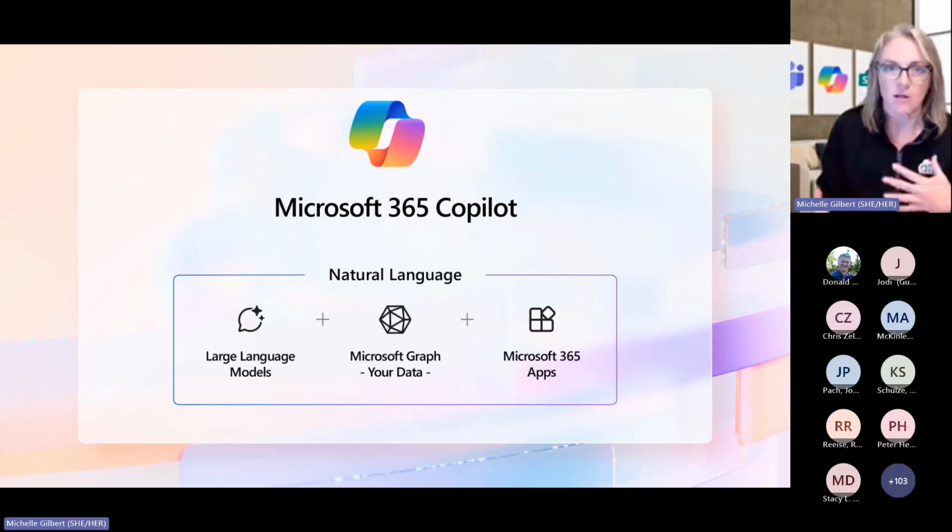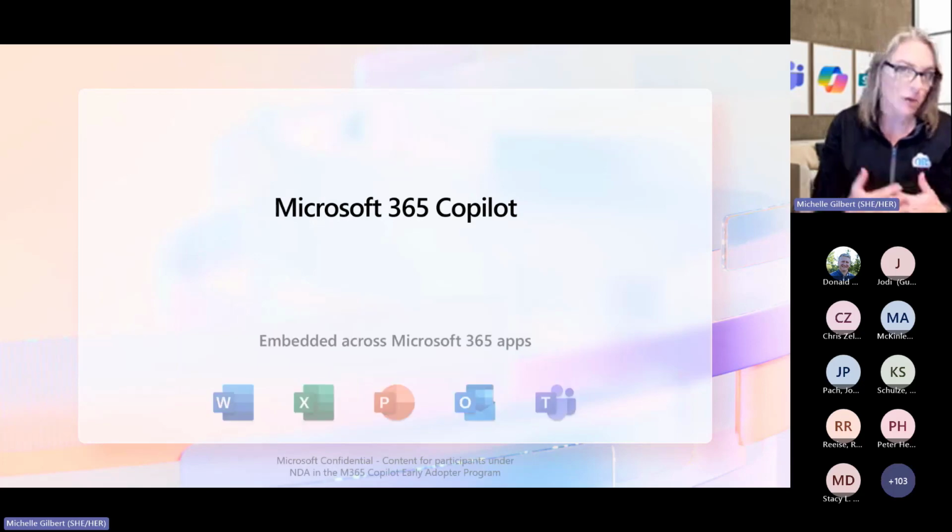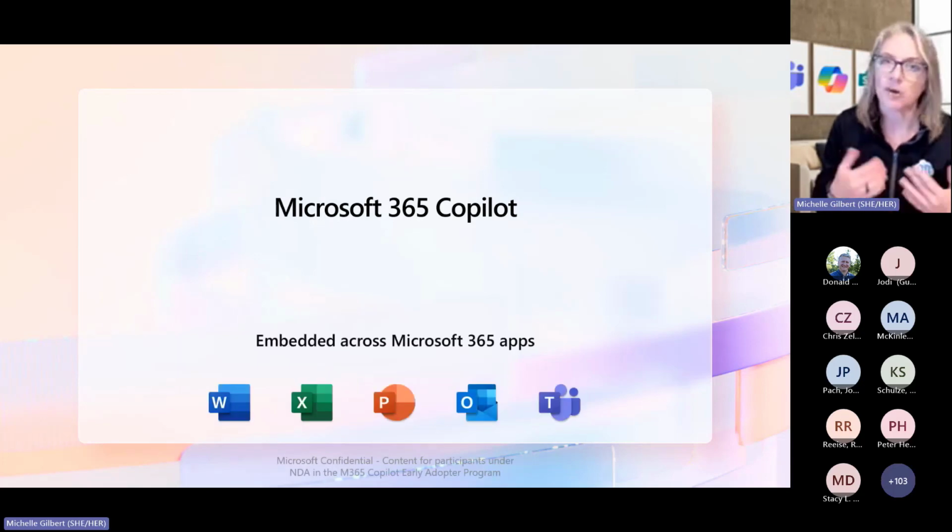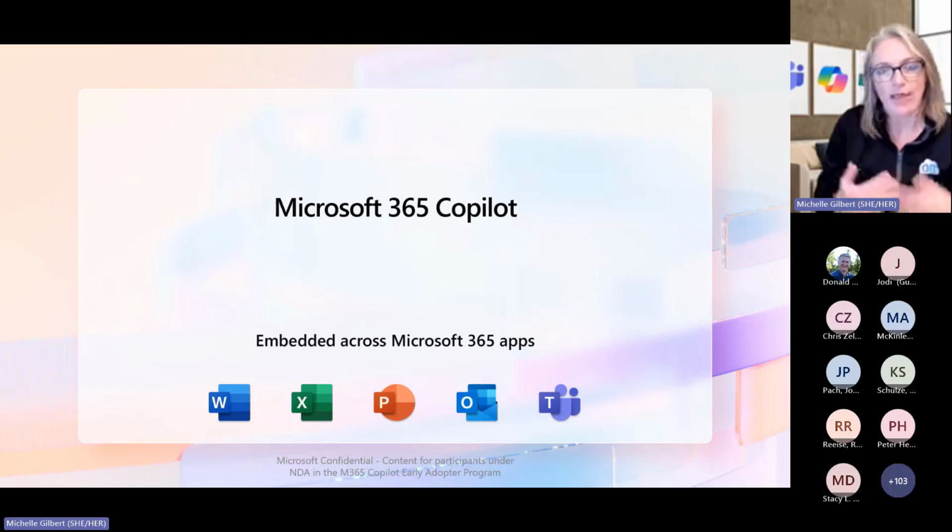It understands all of that, right? It's all security trimmed and based on your permission policies. And then we combine that inside of our Microsoft 365 apps. Those apps we have first started rolling out over the last few months in the preview program: Microsoft Word, Excel, PowerPoint, Outlook, and in Teams.